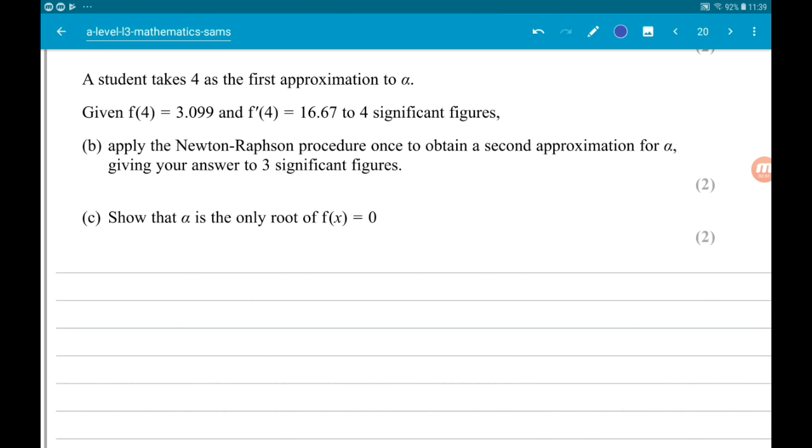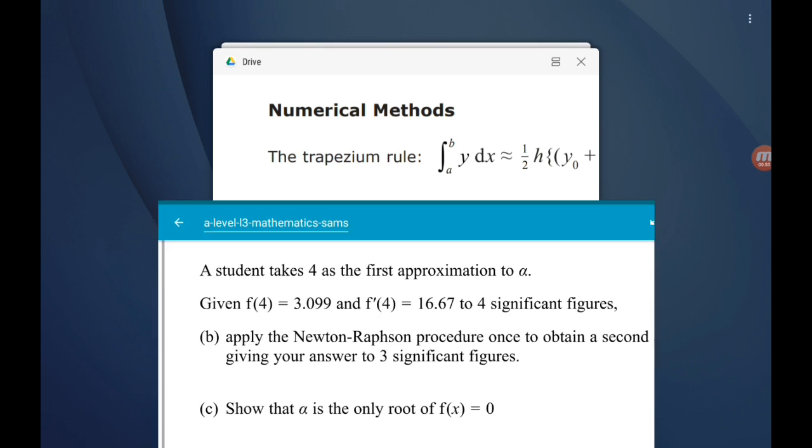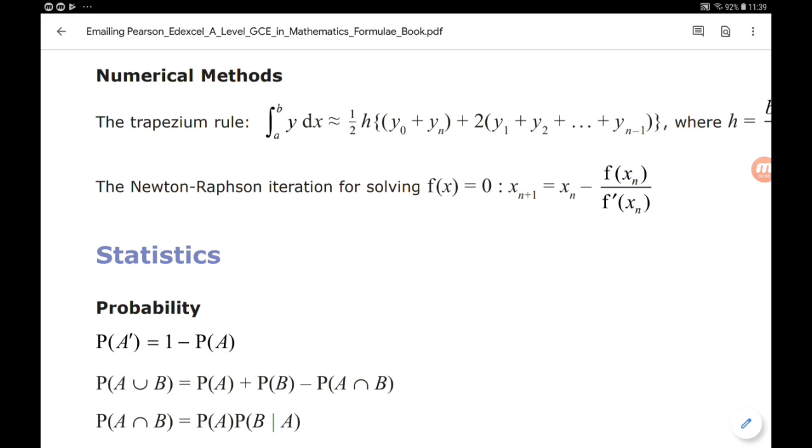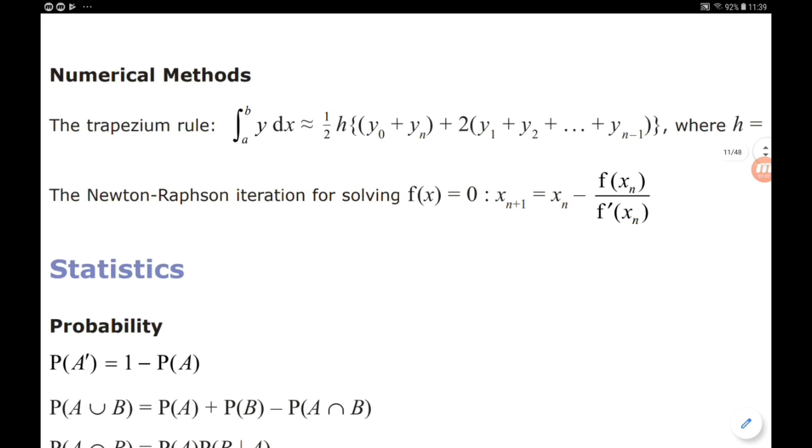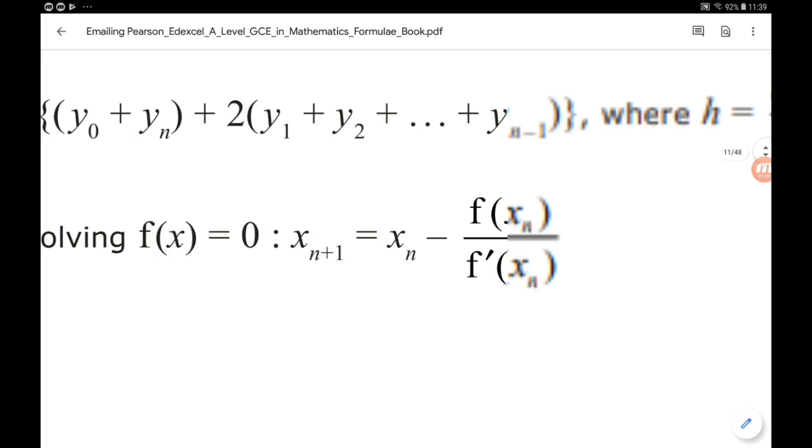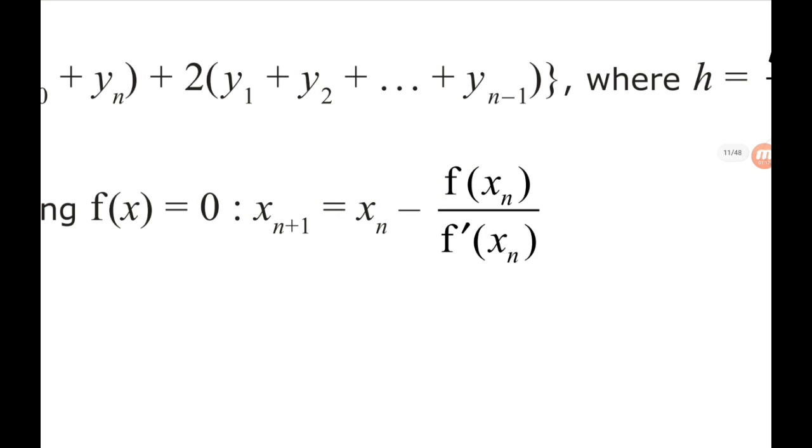Newton-Raphson is given in the formula sheet, which is linked down below. The Newton-Raphson method for solving f of x equal to 0 is that x n add 1, the next approximation, is given by x n minus f of x n over f dashed of x n.